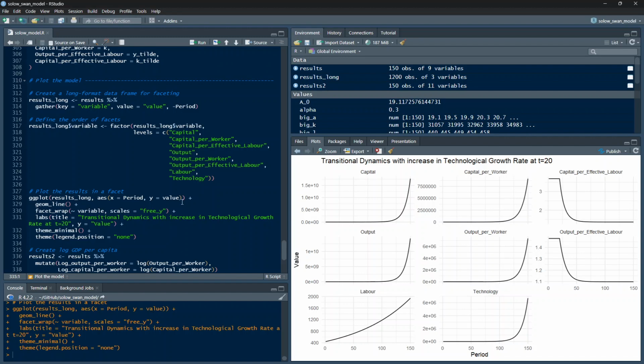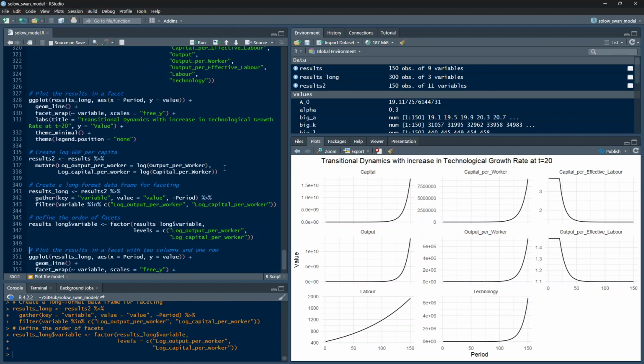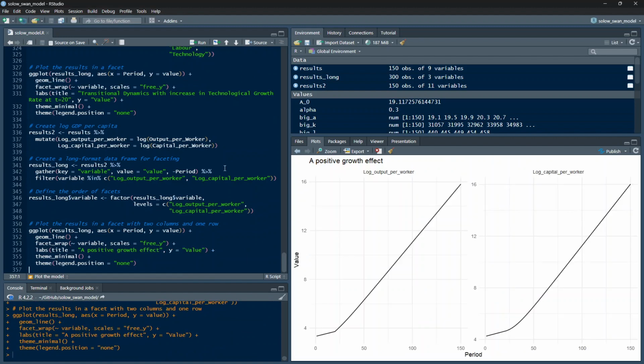But let's have a look at the log of output per worker and the log of capital per worker. So I'm just going to start by creating those variables and then rearranging them to be able to plot them. And what we see here is that when we look at the log output per worker, we were tending along a steady state which had a slope that looked like this. But at exactly the point in time, t equals 20, where we changed the dynamics of technology, the slope of this graph changed.